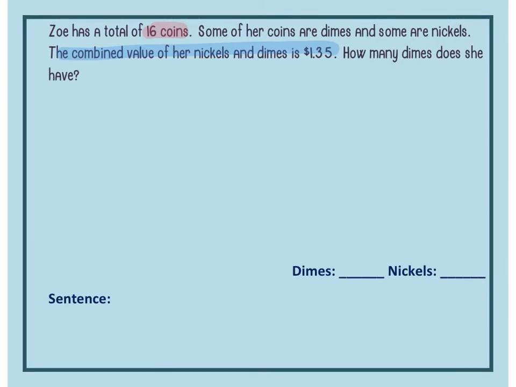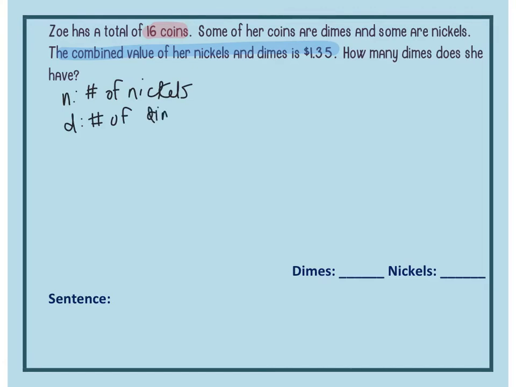We can use N and D. So for N, we need to know, is it the number of nickels or is it the value of a nickel? Well, guys, whenever you have money, it's always going to be the number of nickels. Now, technically this problem seems like it didn't give us enough information. Why don't I have more numbers?